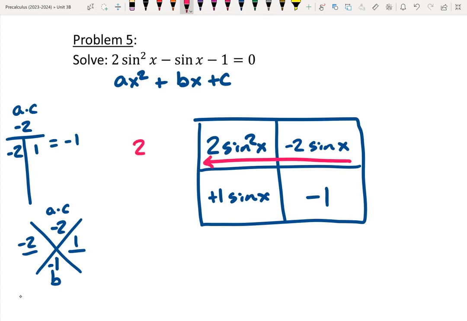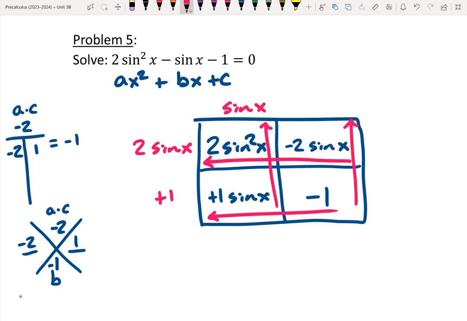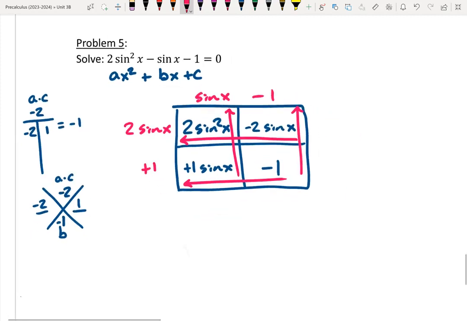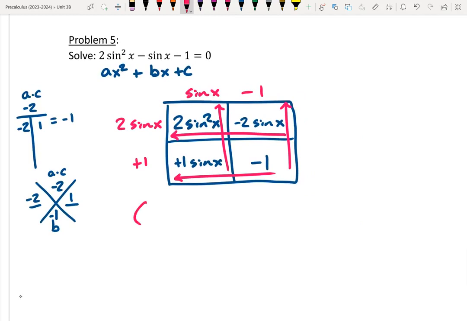A 2, and what else? Sine of x. What can I pull out of the second row? A 1. What can I pull out of my first column? Sine of x. What can I pull out of my second column? A negative 1. So my factors then end up being 2 sine of x plus 1 times sine of x minus 1 equals 0.